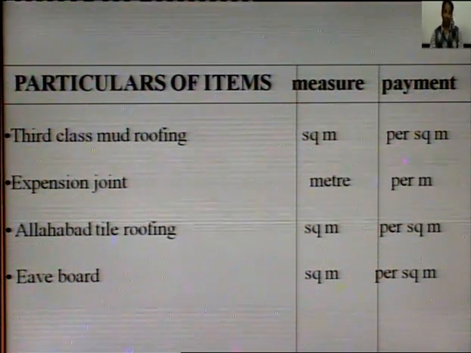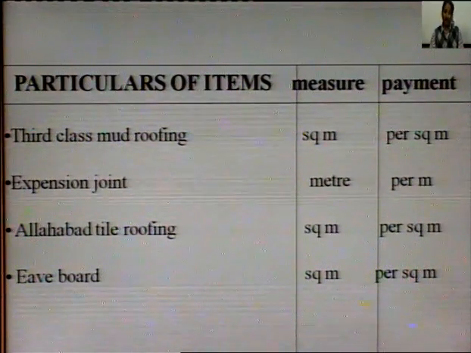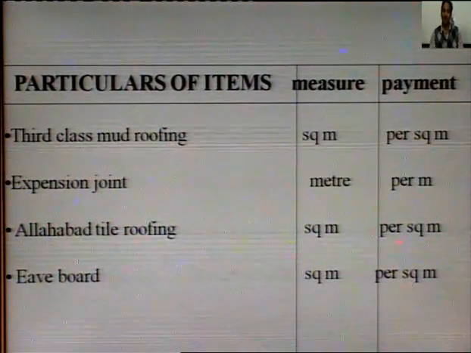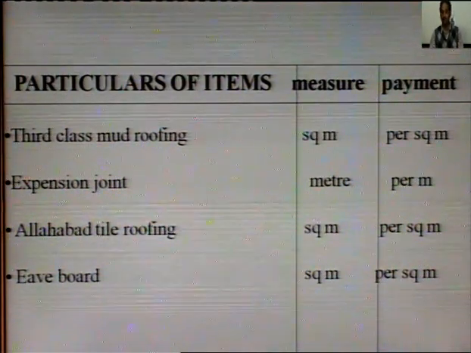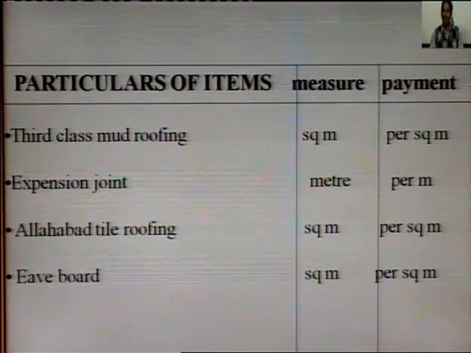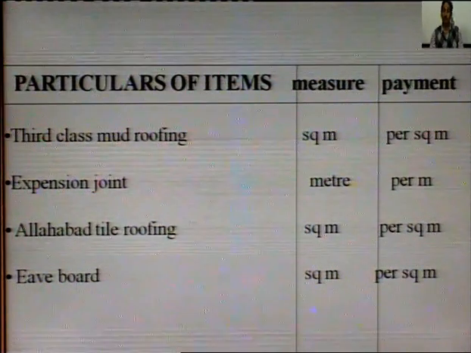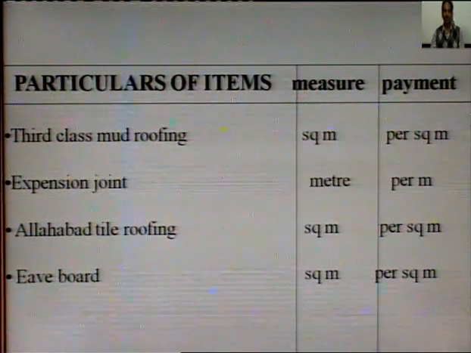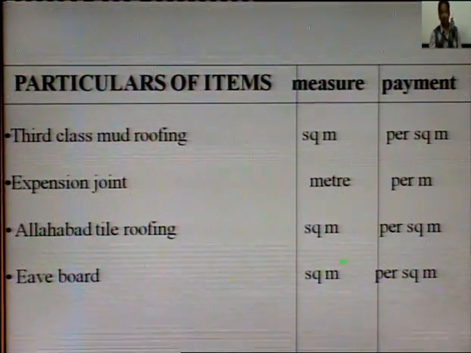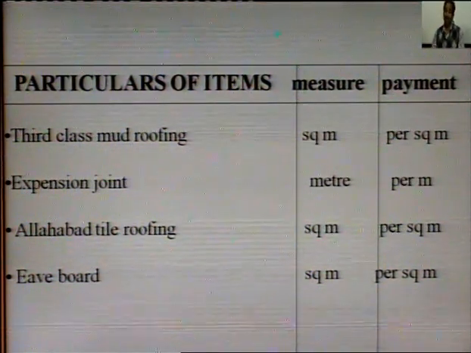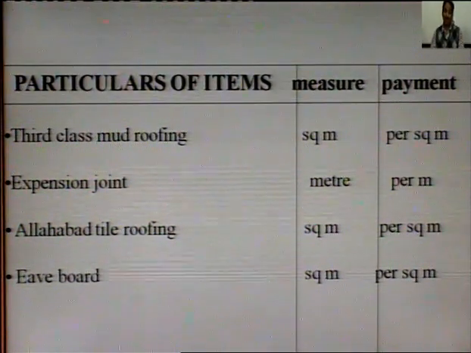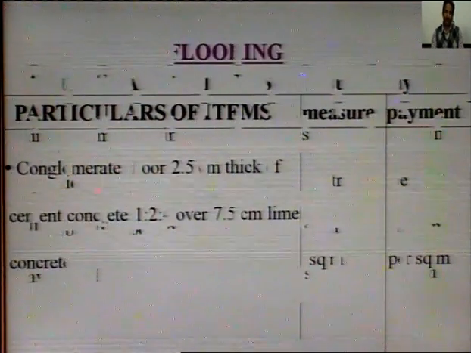Your unit of measurement is square meter, and your unit of payment is per square meter. And then E-board, if E-board is provided in the project, is measured in square meter and its payment is per square meter.